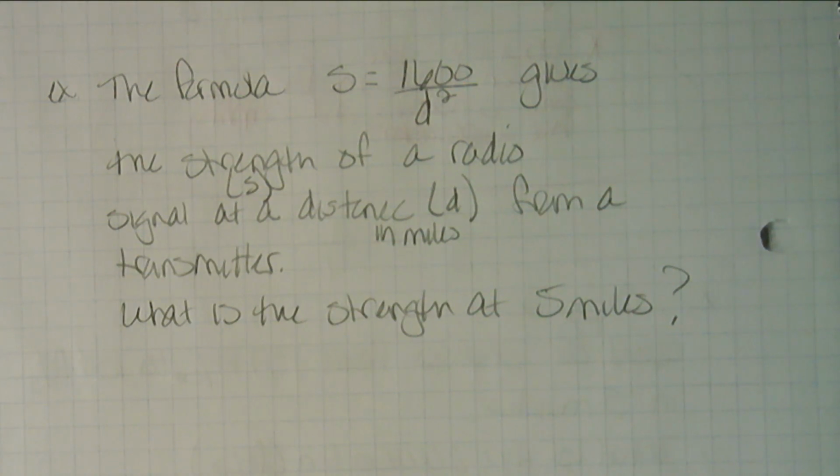Talk to someone sitting by you. Jeff, what's up? The formula S is equal to 1600 divided by d squared gives the strength of a radio signal, strength as a variable S, at a distance in miles d from a transmitter. What is the strength at 5 miles?